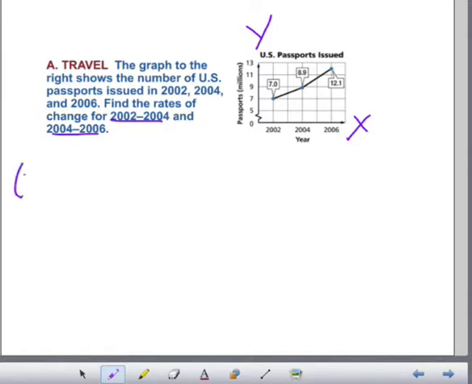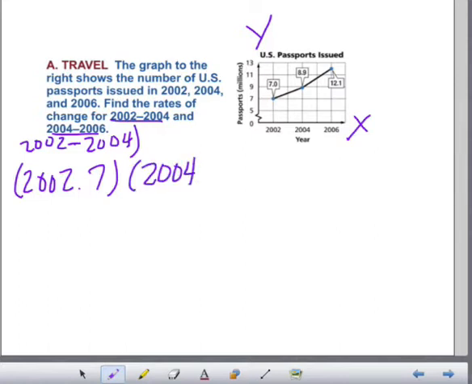So my first ordered pair for 2002 to 2004, my rate of change there, is going to be what? I've got 2002, and then it was 7. And then in 2004, I've got 2004 for my x, and my y is 8.9.